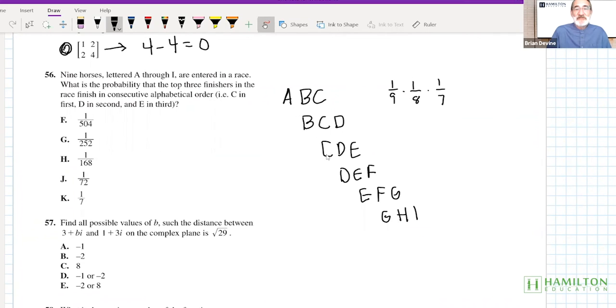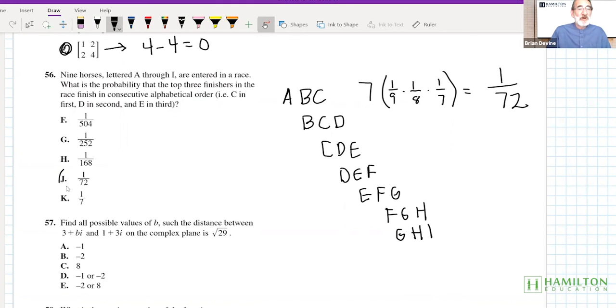Did I miss one here? A, B, C, D, E. Oh, I forgot F, G, H. Sorry about that. F, G, H. And so if I look at that, then I should have 7 times this, which would be 1 out of 72.